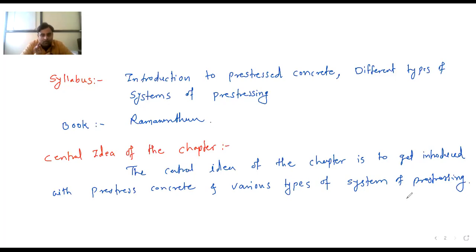And another idea is that if you see all our units, in all the units we are having only design. Some particular design component is there, some member, column, beam. Column is not there, but column was there in DCS1. Beam, then staircase, footing, retaining wall, water tank, and pre-stressed concrete members.